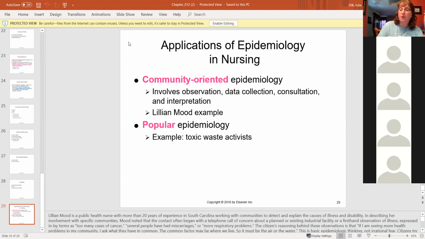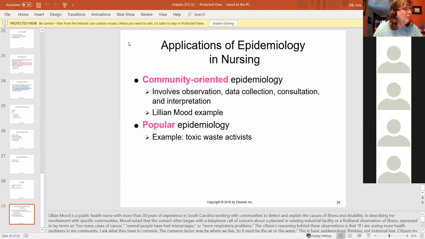I don't know if you guys have ever heard of someone in a certain area where maybe they live near some industrial park or something, and they seem to have a huge incidence of cancer deaths in their area, or a lot of people who die of certain things because of something going on in their area. A lot of times when you really investigate, if you're a public health nurse, you can come up with what's going on there.